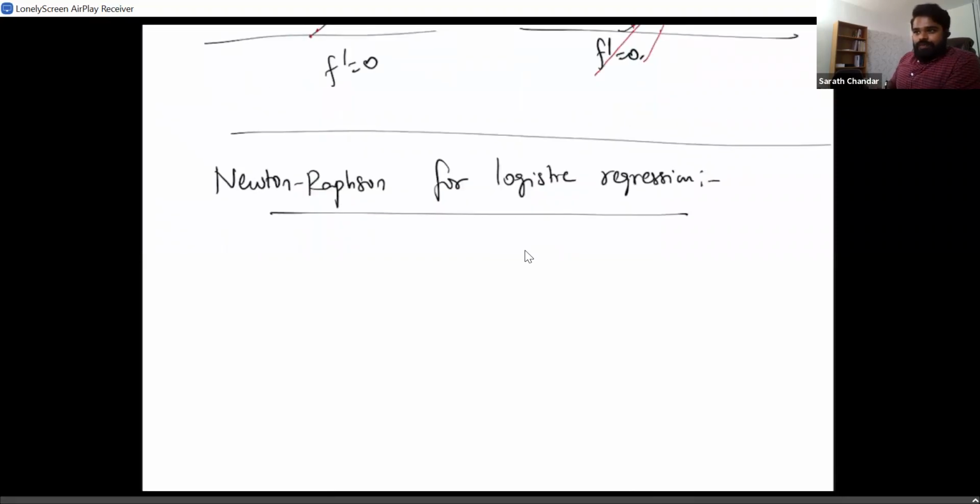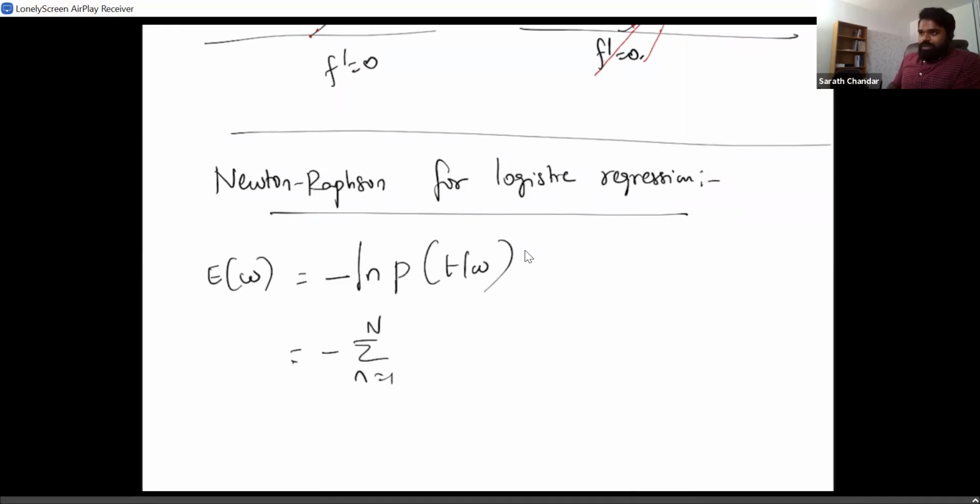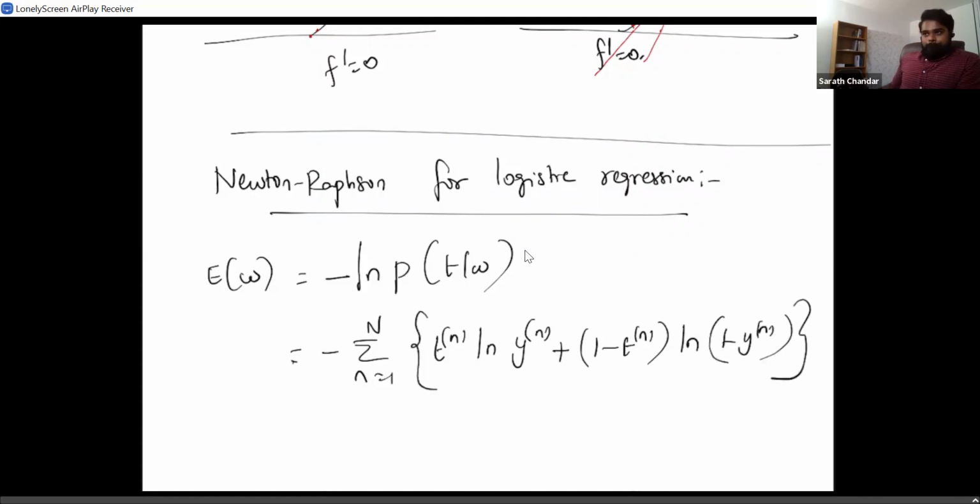Remember that in the case of logistic regression, the error function is given by minus log likelihood, minus ln p of t given w, which was given by minus summation over n equal to 1 to capital N of t_n ln y_n plus 1 minus t_n ln 1 minus y_n. Remember? Now let's compute the gradient with respect to w.